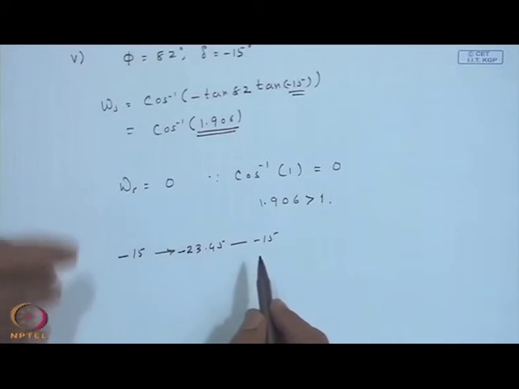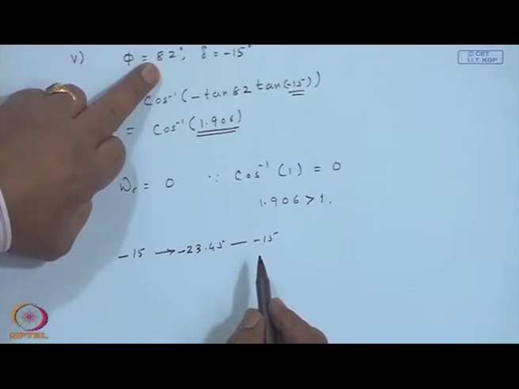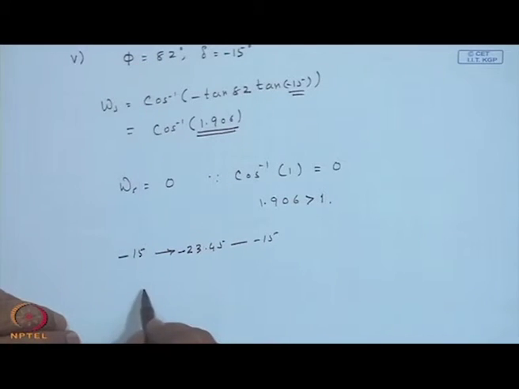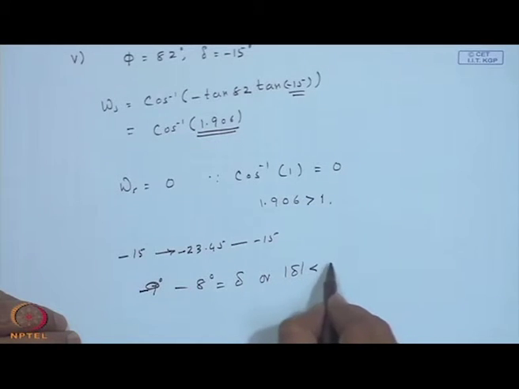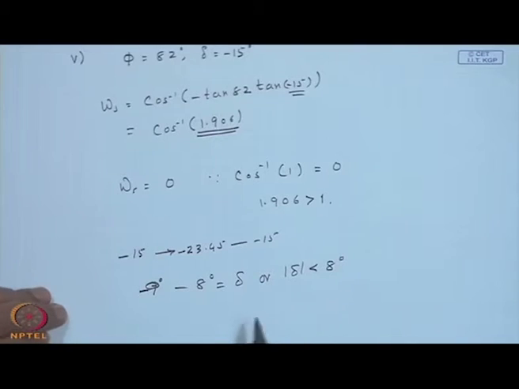In this case, since I have a latitude of 82 degrees, only when mod delta is less than 8 degrees do we have an omega s.